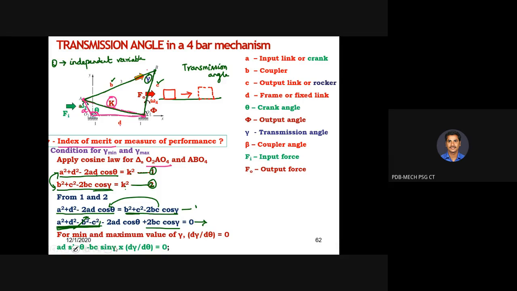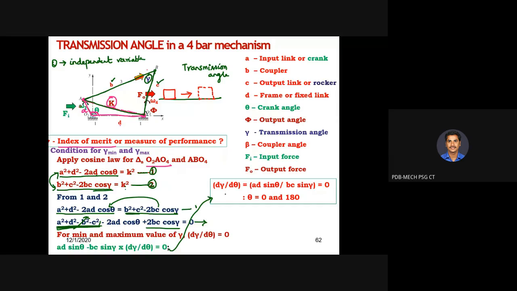So 2bc sin gamma, and d gamma by d theta comes. I took the 2 out and made it 0 on the right hand side. So the green color is what you will have got. So ad sin theta minus bc sin gamma into d gamma by d theta you will be getting after differentiating the above equation. So now simplify this equation again.